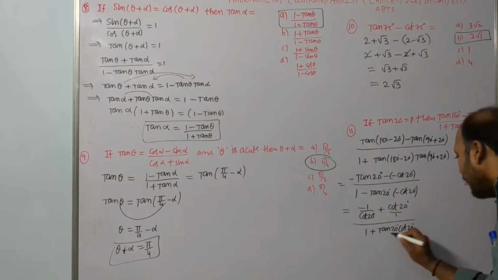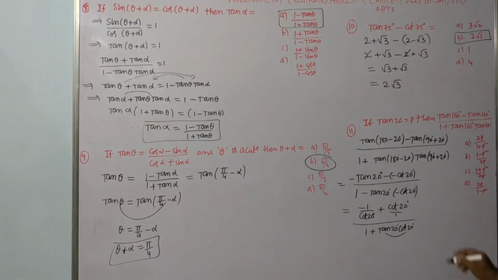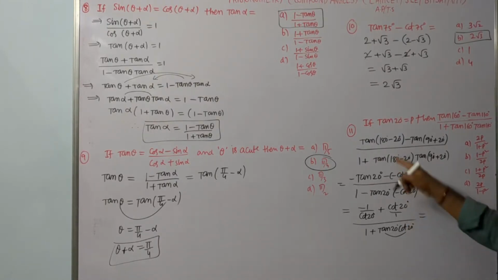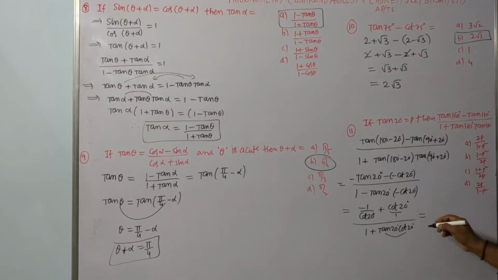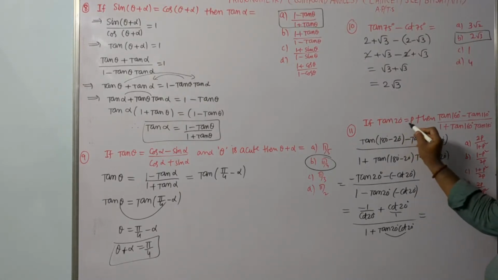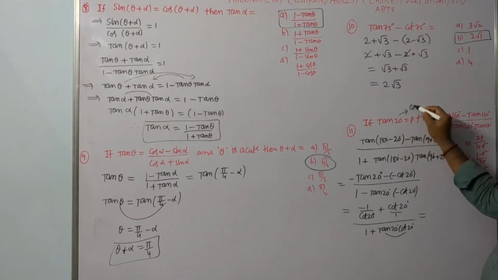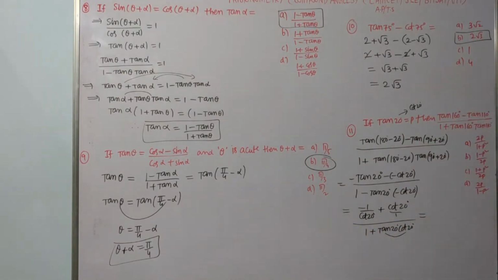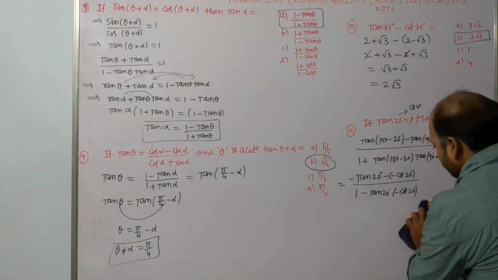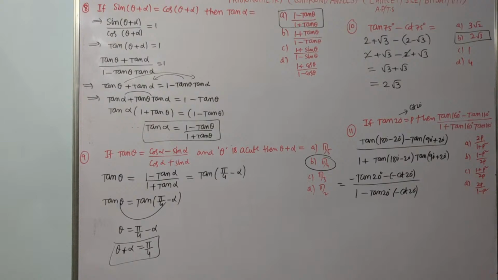You know that tan A into cot A value is 1. Tan 20 is P means cot 20 is equal to 1 by P. Directly also we can use these, students, no need of converting in terms of cot. Whatever it is given, in that only you can convert.